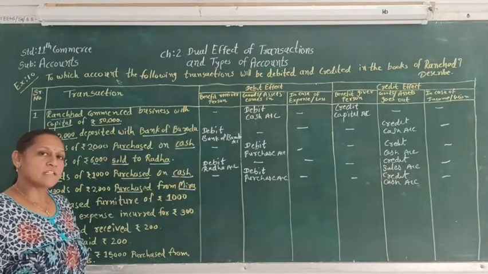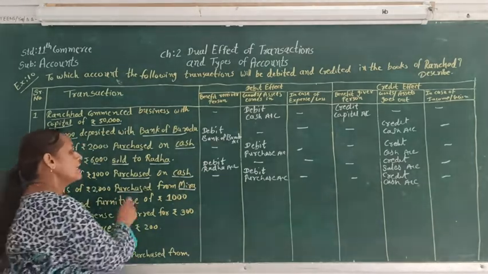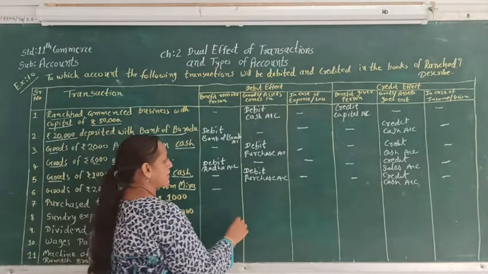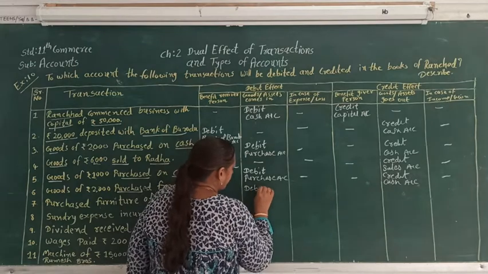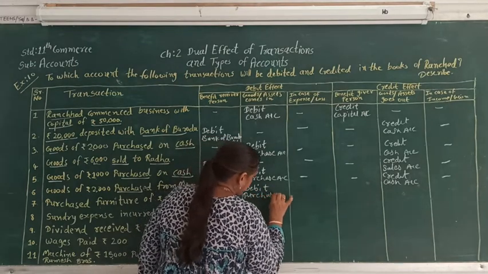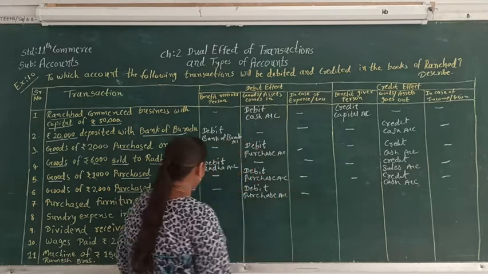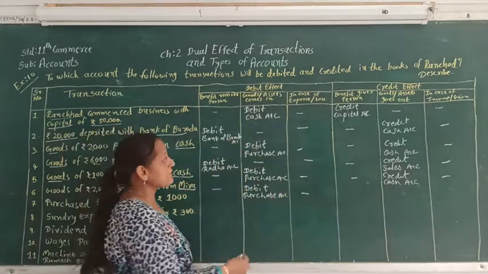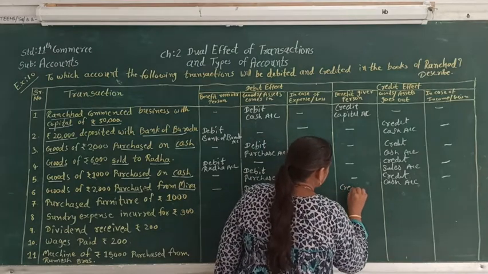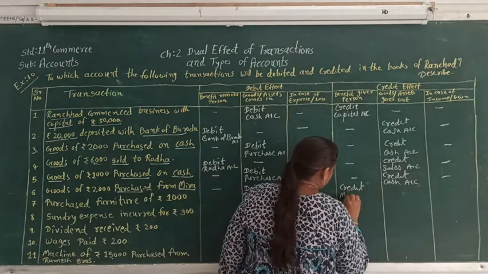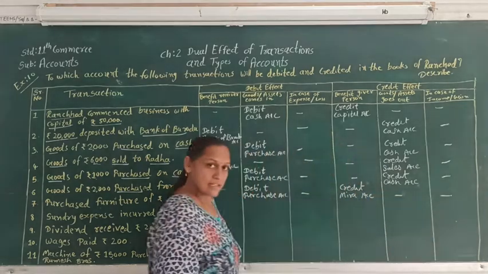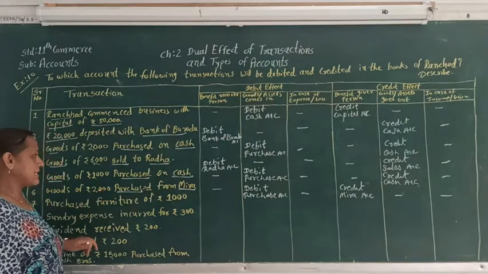At the time of purchase, goods is coming in the business. So the goods purchase account is going to be debit. So, debit purchase account. And here, as we know that Meera is a benefit giver, so here credit Meera account. So this is the effect of the 6th transaction.